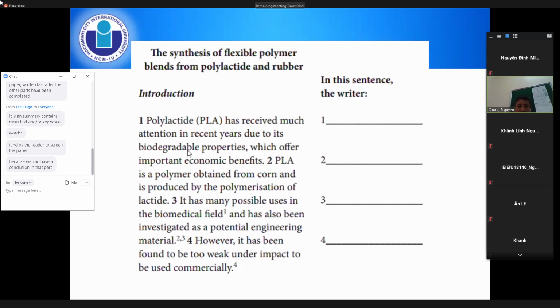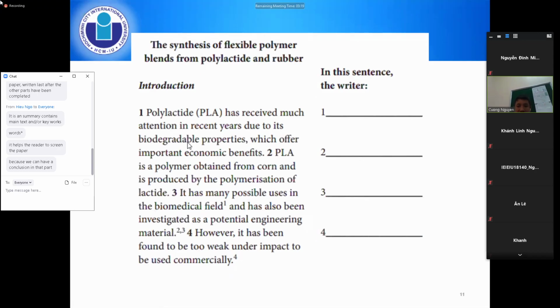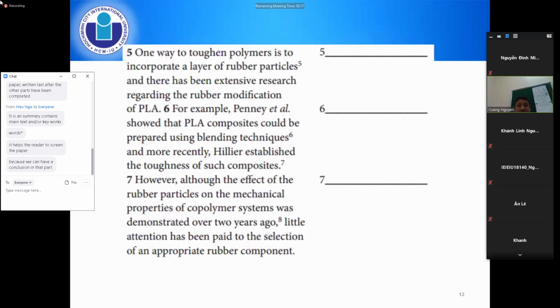What about number 5? Who can explain number 5 for me, please? Somebody who can explain the function of number 5?